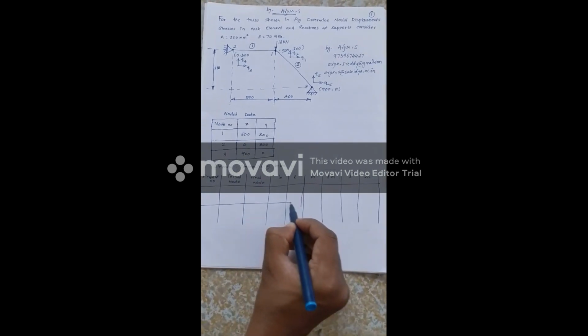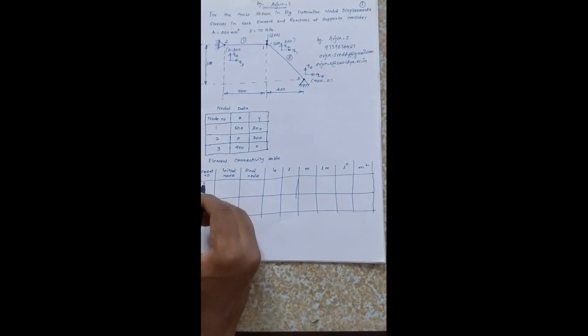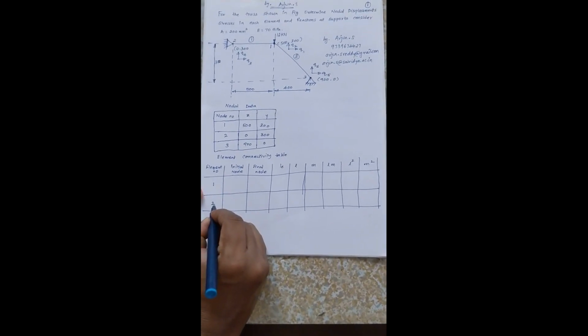Based on the number of elements present, you can prepare this table. Since we have 2 elements here, element number 1 and element number 2.